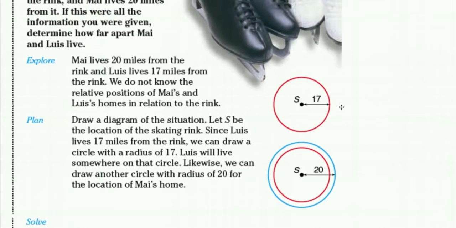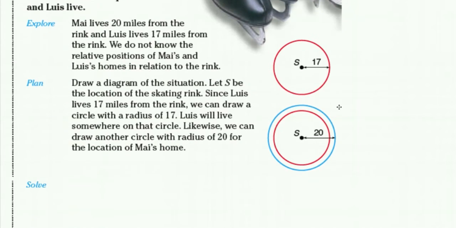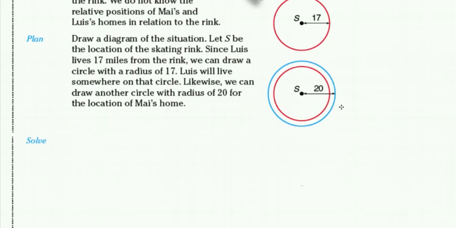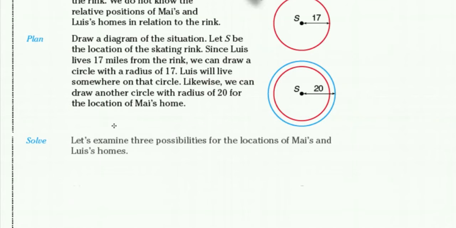Okay, so from there, after drawing it out, we go to trying to solve our problem, and we examine 3 possibilities for the location of Maya's and Luis's home.